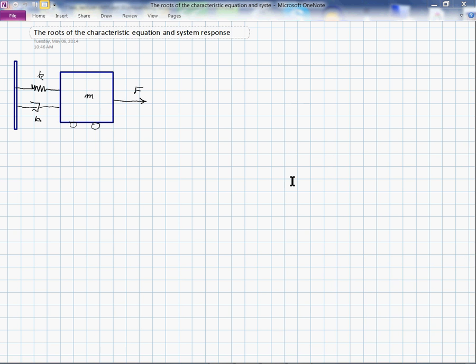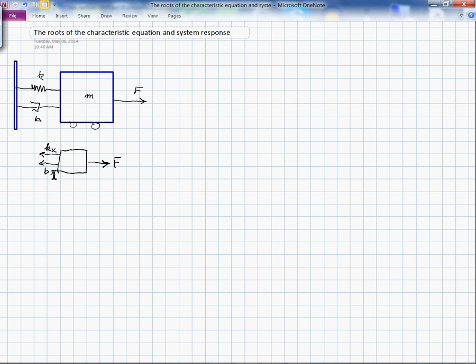What we have done in the past, and I will very quickly do it here, is we said that if you make a free body diagram of this, you can derive the equations that control the system by writing the forces that apply on this mass.